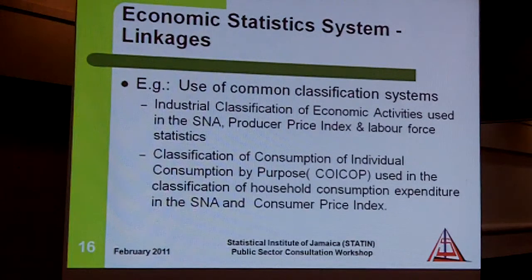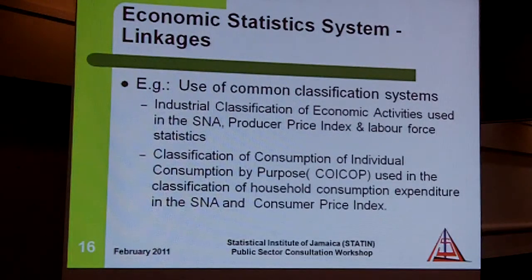The other classification system, which I just gave as an example, has to do with the classification of individual consumption by purpose, COICOP, as it's called. This is using the household consumption expenditure, both in the SNA and for the consumer price index. So for instance, you will have information on price movements in food and non-alcoholic beverages.